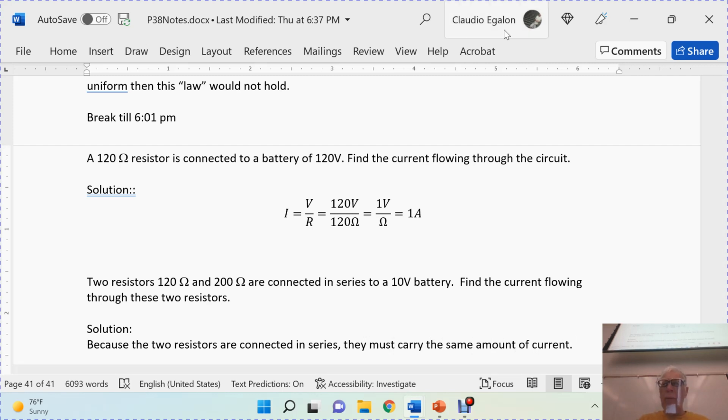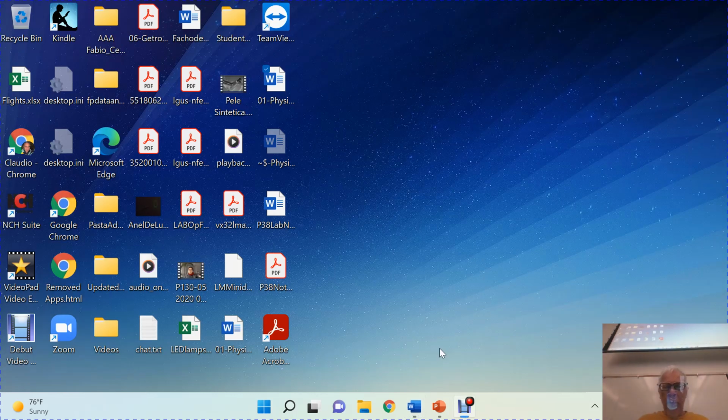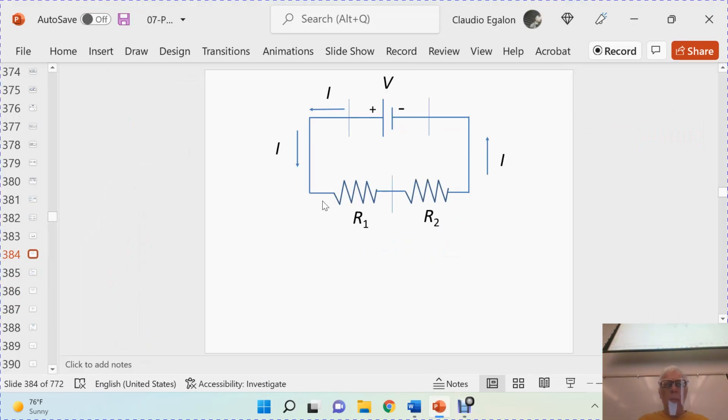Suppose we have more current flowing here and less current flowing here. This current is going to end up catching up with the lower current because it's faster, and eventually they're going to collide with one another. That cannot happen. You must have the same current flowing anywhere in a single branch of the circuit.